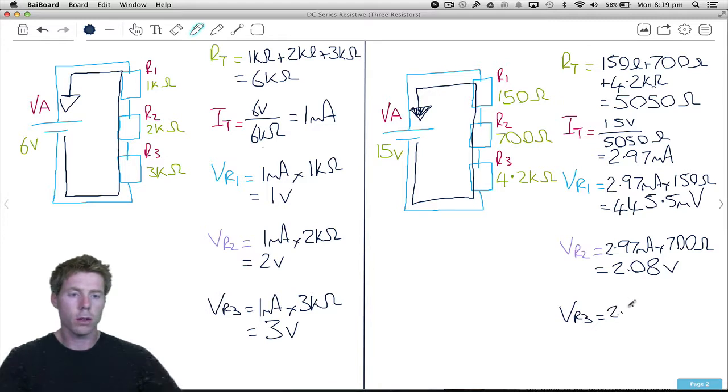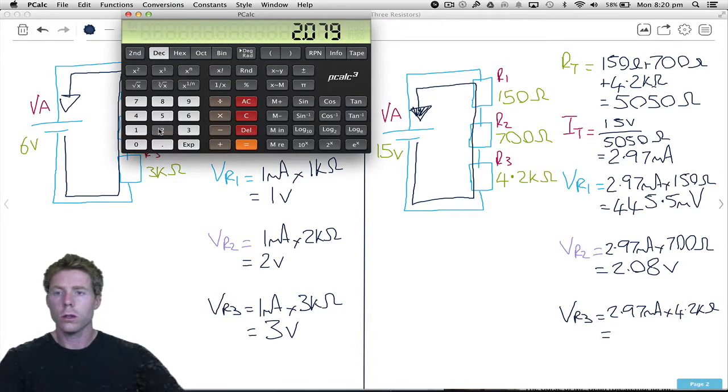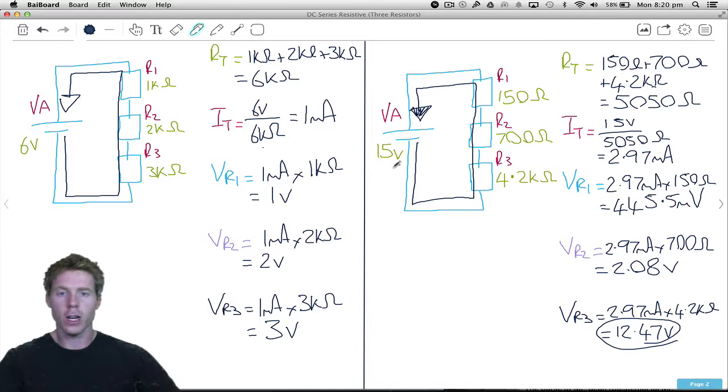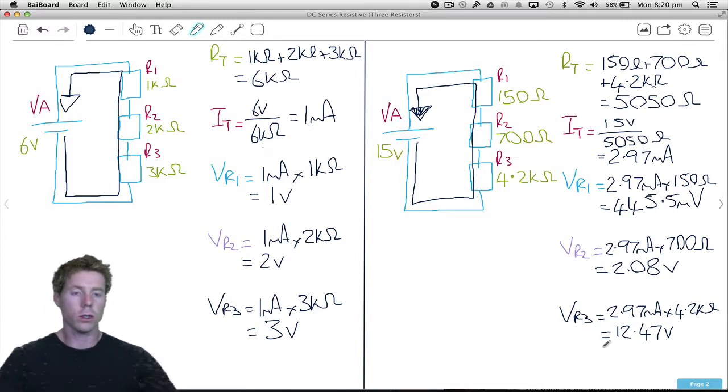It's got the same amount of current, 2.97 milliamps, multiplied by 4.2K. That gives 12.47 volts. So you can see that one is getting the vast majority of that 15 just because this one is so much bigger than any other resistor.